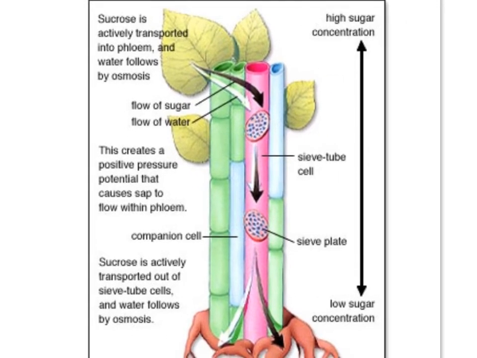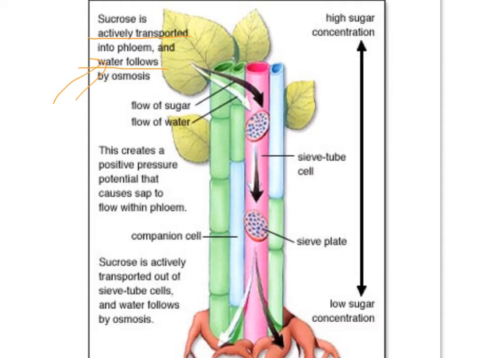We start at the leaf, and sugar is actively transported into phloem from the leaves, and as that happens you get a concentration gradient forming, so there's more solute in the phloem, so water follows that sugar by osmosis.